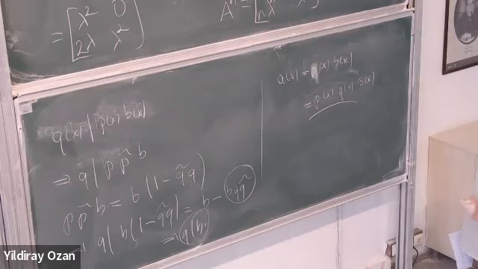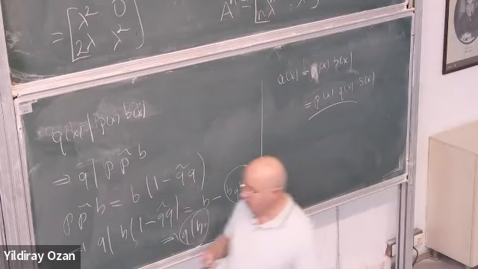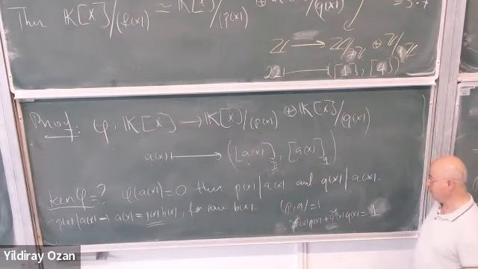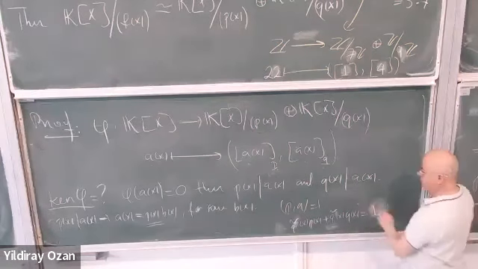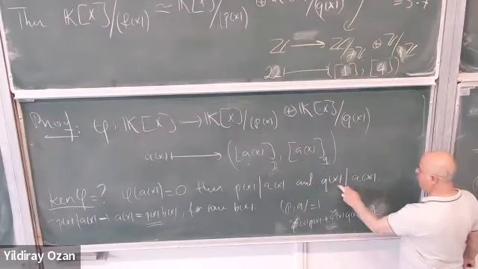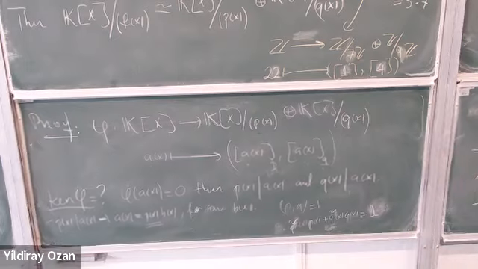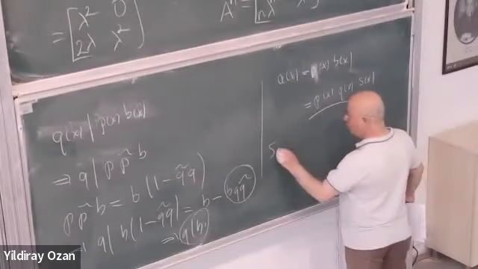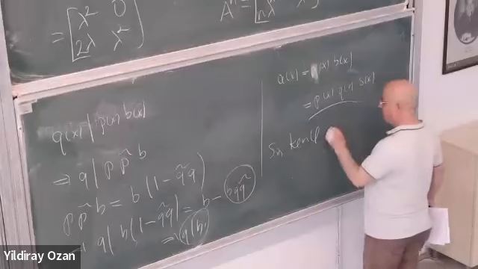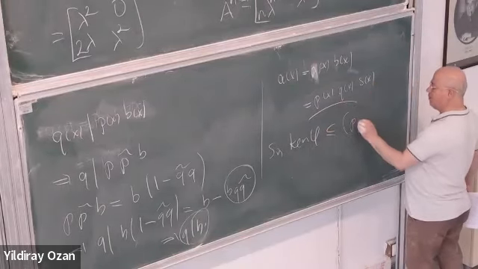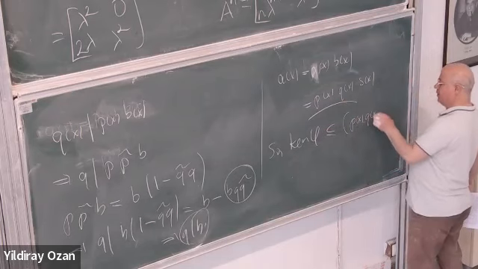So it means what? It means that anything in the kernel of this map, right? If it is 0 here, so if it is divisible by both of them, then it's divisible by the product. So this means that the kernel of this is inside the ideal generated by Px, Qx.